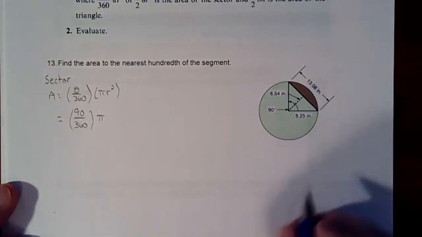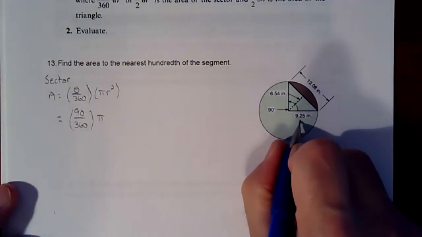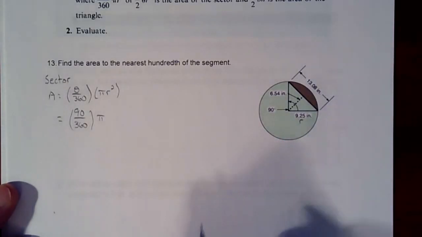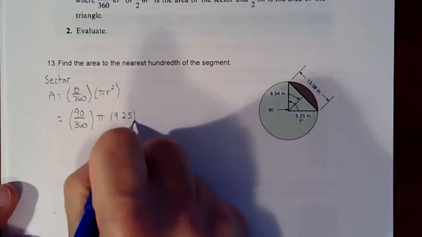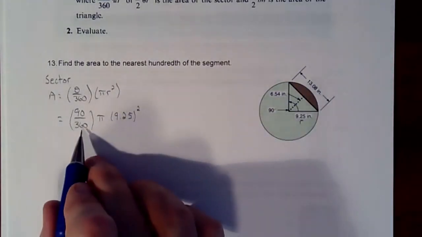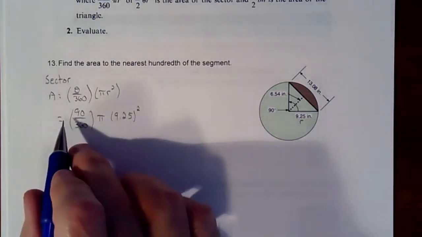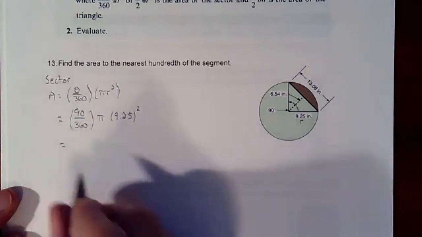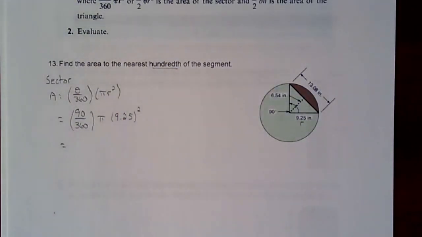My radius is the 9.25. That's the radius. And since we don't have the pi on the bottom here, they don't cancel. So I'll have to just throw the whole thing into the calculator. They want me to go to the nearest hundredth, so I'll start rounding things to 2 decimal places as we go.